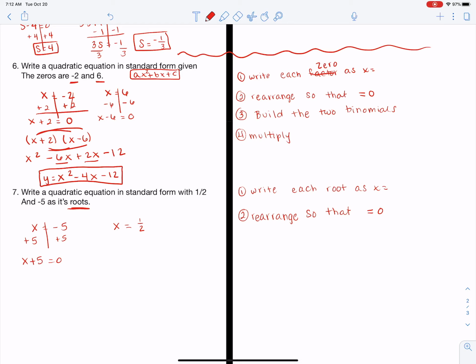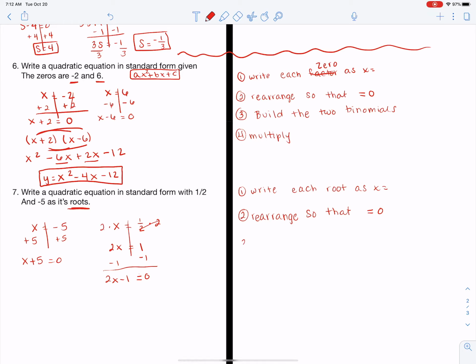Now this one's kind of weird with the fraction. In order to move the fraction, we're going to do it in 2 parts. First, multiply by 2. So 2x equals 1. Now minus the 1. So 2x minus 1 equals 0. Okay?